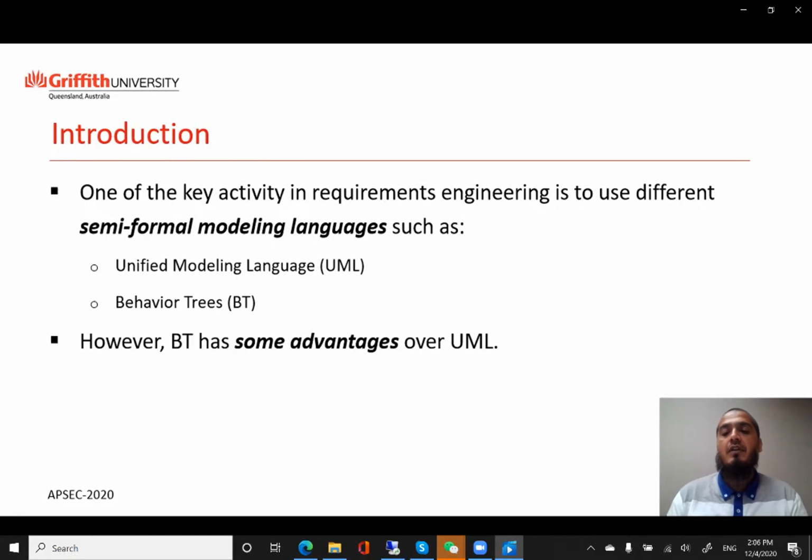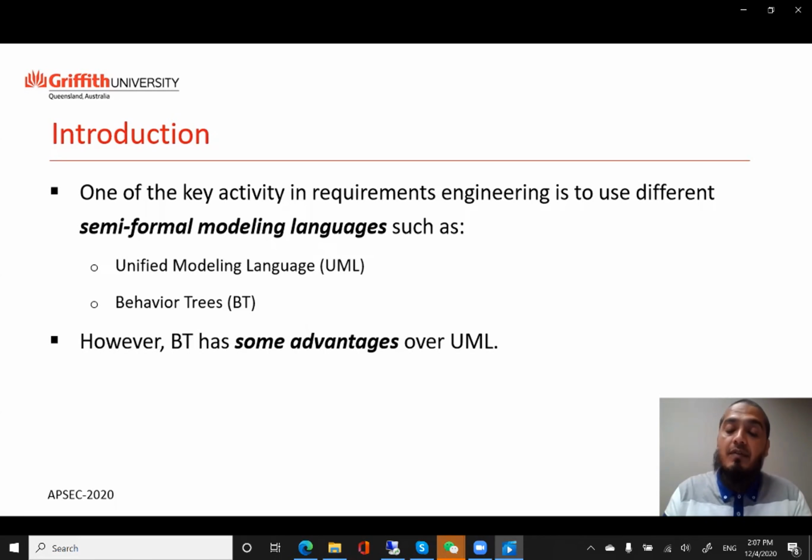In UML, we have different diagrams to design different aspects of the system. Like we have a use case diagram to design the scope of the system, and we have a sequence diagram to design the interaction between objects involved in the system. And we have a class diagram to design the structure of the system. And all these diagrams are drawn directly from natural languages.